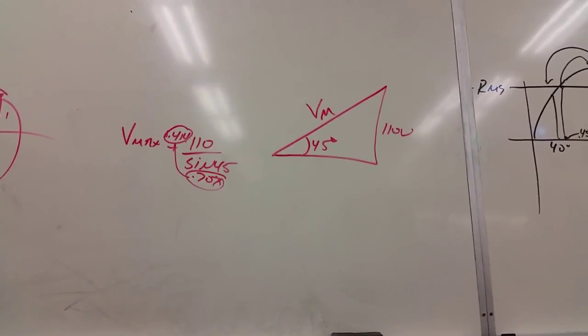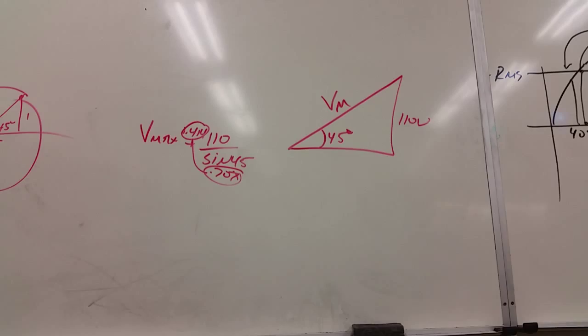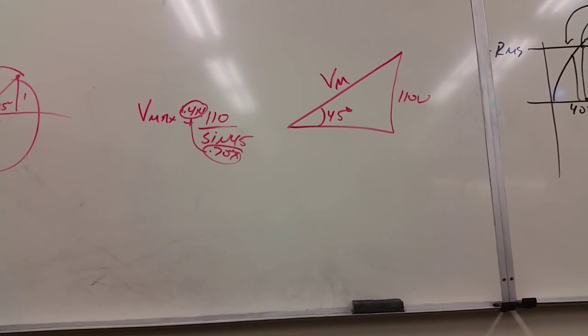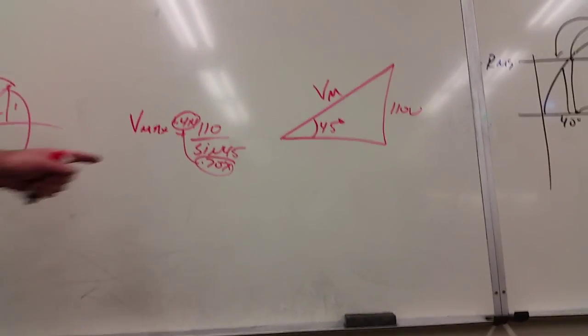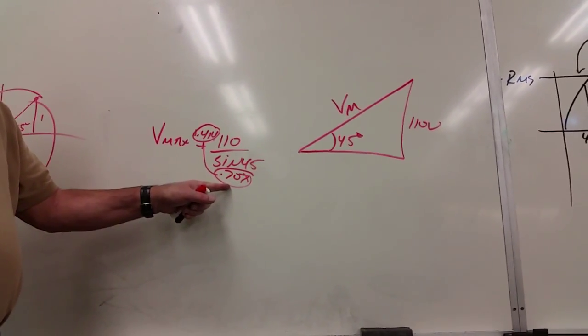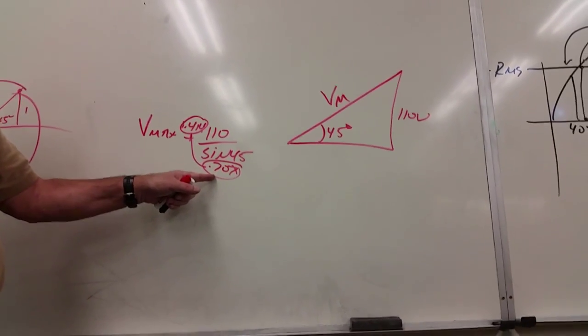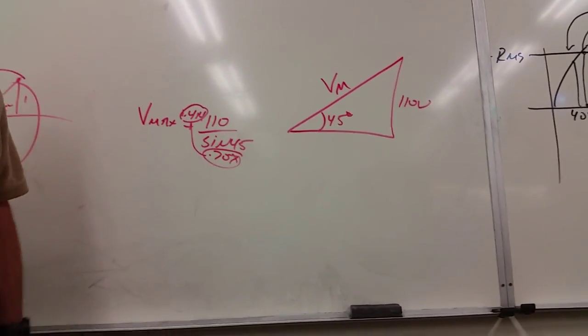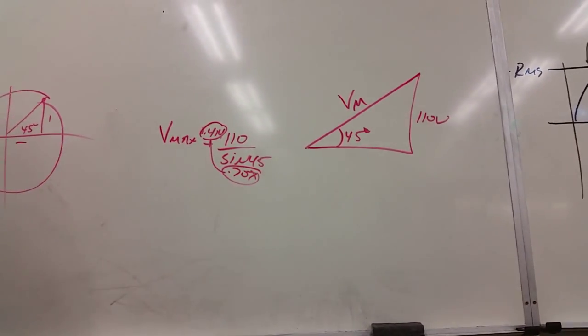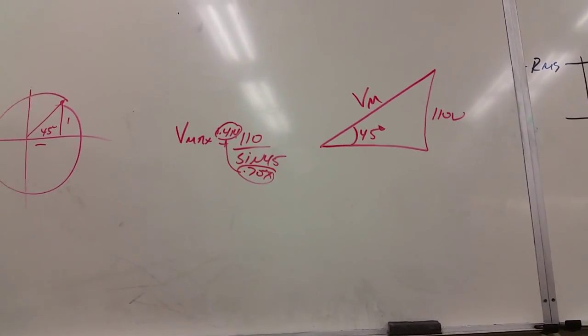So then, if you want to find the peak, you're basically taking the 110 and multiplying that by 1.414. Right. Which is the same as dividing it by the sine of 45 or 0.707. Because if you take 0.707 and do 1 over it, that gives you 1.414. So if I just divide 110 by 0.707.